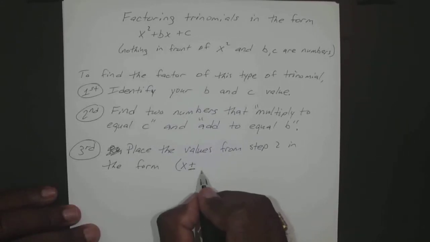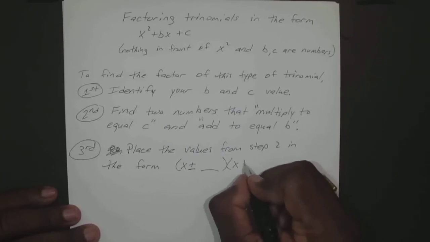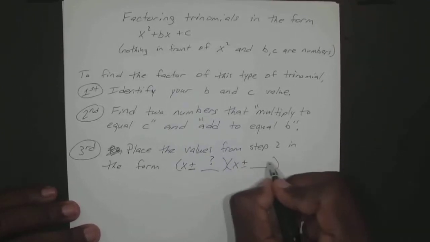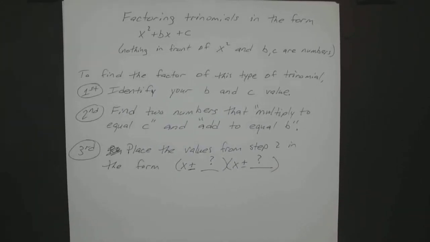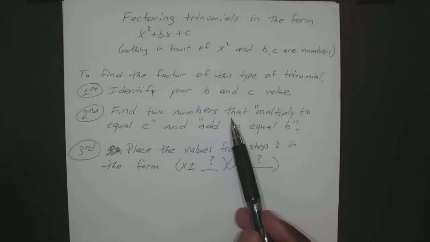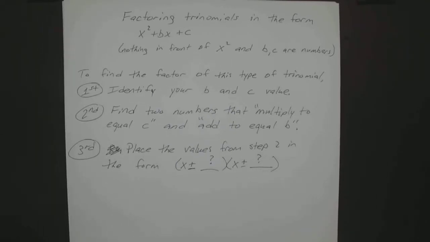We don't know what those values are, but they are the values from step 2. So if you have 3 and 4 in step 2, that will be x plus 3, x plus 4. If you have 3 and negative 1, that will be x plus 3, x minus 1. If it's negative, it'll be a minus sign. If it's positive, it'll be a plus sign.